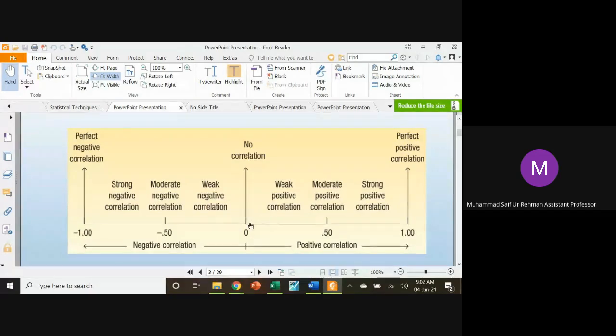If the value is near 0 on the positive side, you will say that weaker positive correlation is there. So let's say the value is 0.1. So 0.1 represents that there is a weak positive relationship. And let's say there is -0.1. That will be an indication that there is a weak negative correlation there.